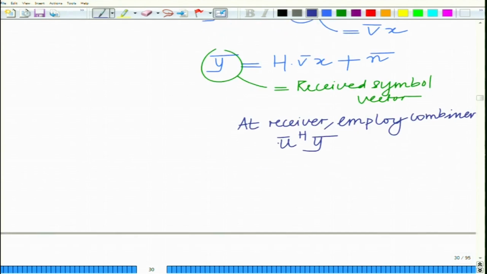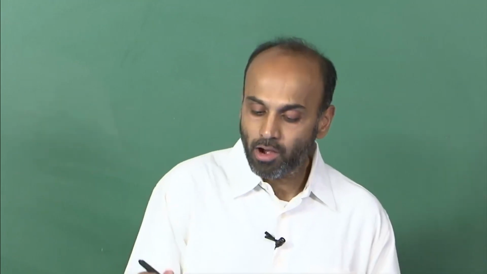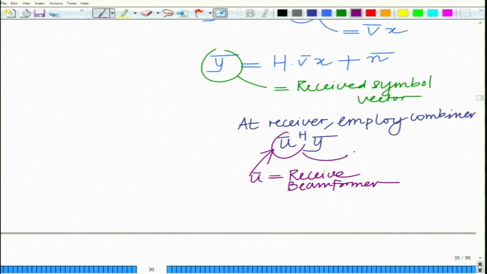So this is basically your receive beamformer, the receive filter you are combining with. Without loss of generality, we can restrict the norm of u bar to 1, that is, the norm of the receive beamformer is also limited to 1.